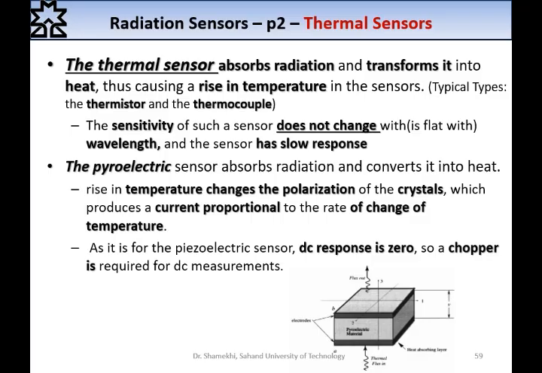Typical types are the thermistor and thermocouple. The sensitivity of such a sensor does not change with wavelength, and the sensor has a slow response.